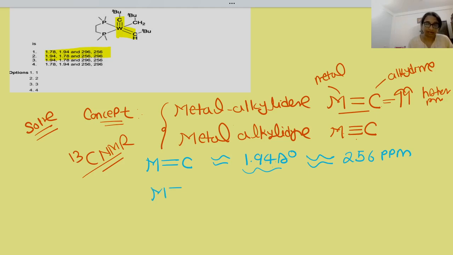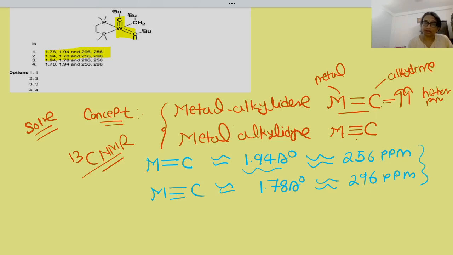And the second one, the alkylidyne, is approximately 1.78 angstrom, and in ppm it is 296 ppm.